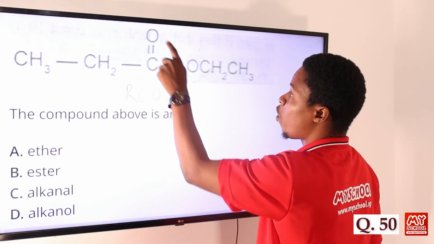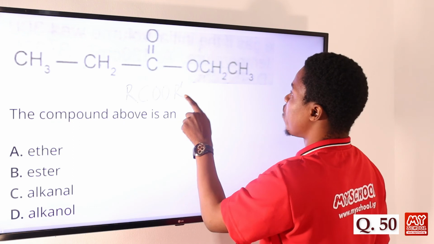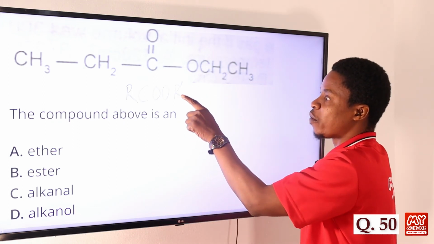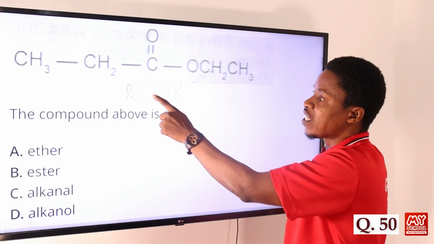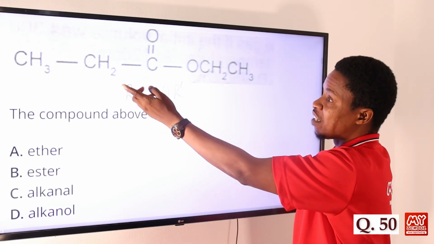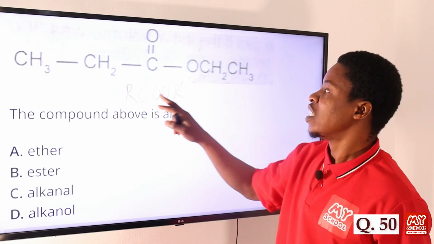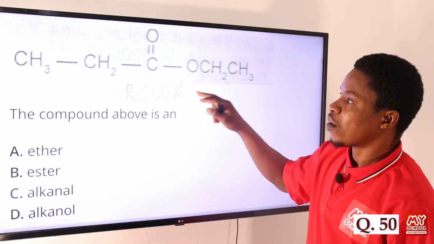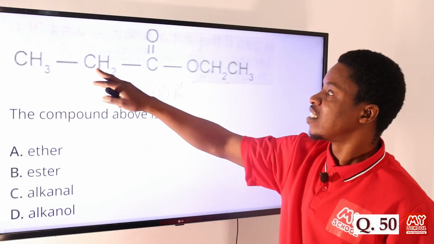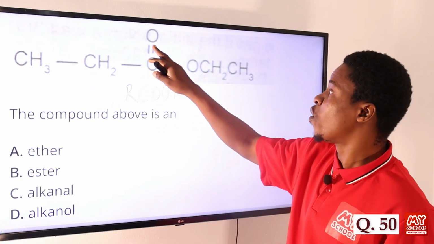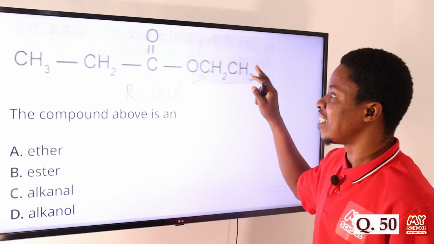Then we have COO here, then we have CH2CH3 here. We have a prime here because it is a different alkyl group from this, but actually I think both of them are the same, just to show that this is the first one and this is the second one. If you write that, it will be CH3CH2COOCH2CH3.